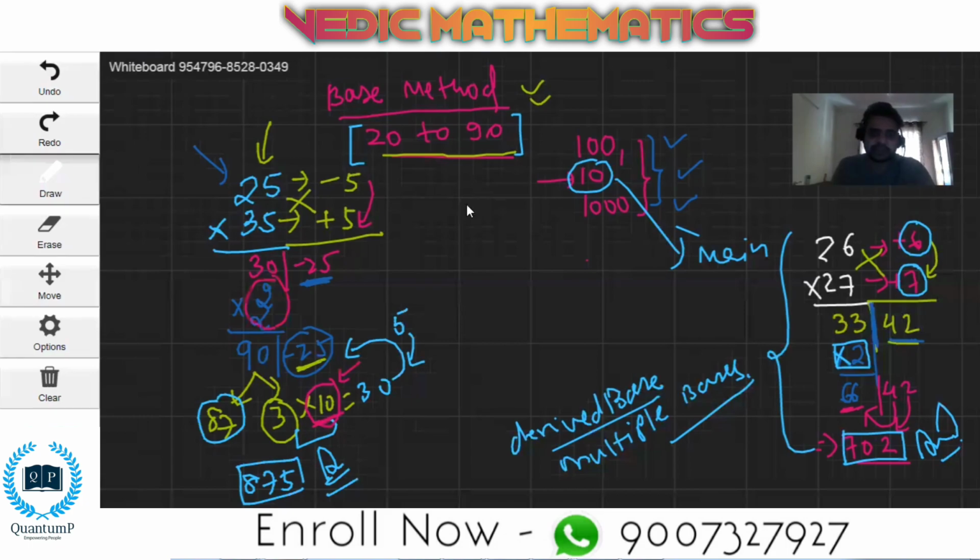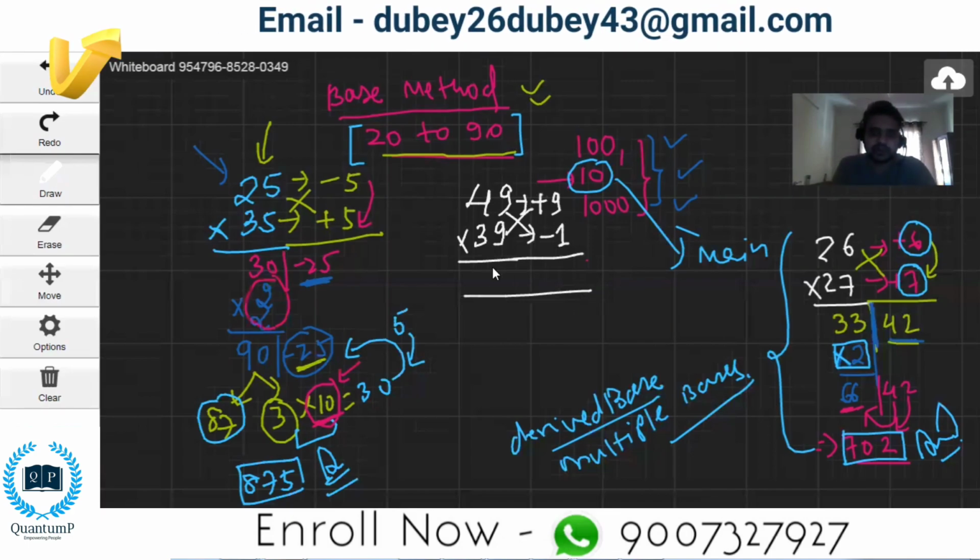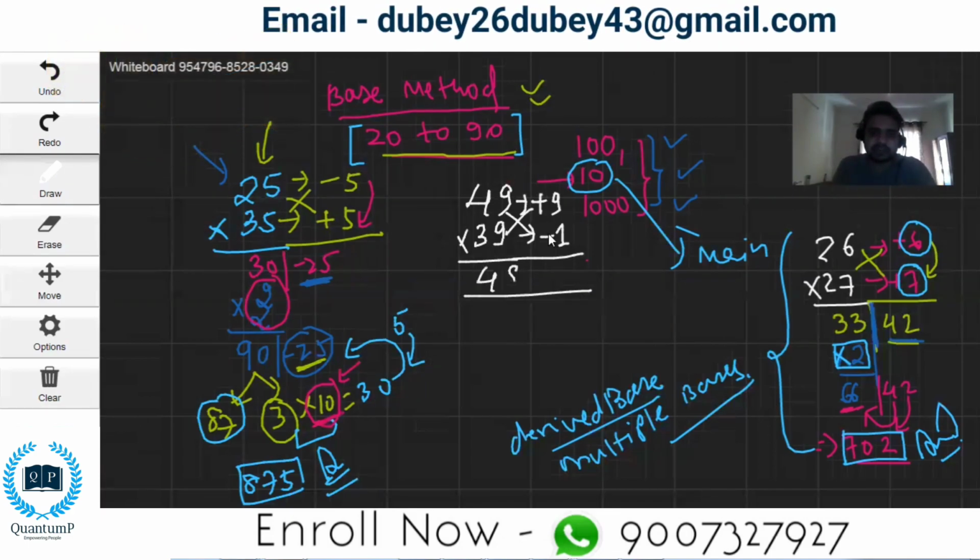Let's see. Suppose we are doing 49 times 39. So we'll write here plus 9, and here minus 1. We are comparing with 40. Then we'll do cross. So if we do cross, 48, then 9 into minus 1, minus 9.